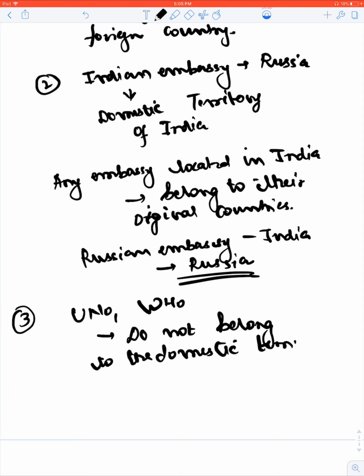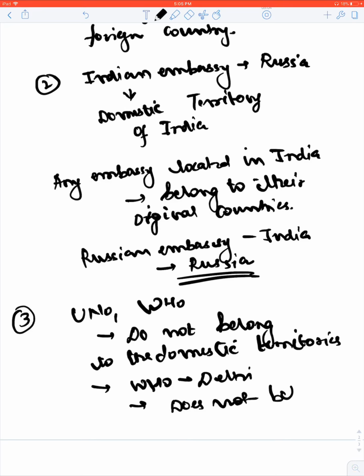Let's say that WHO is located in Delhi. It does not belong to the domestic territory of India. These are the two exceptions that you have to remember.